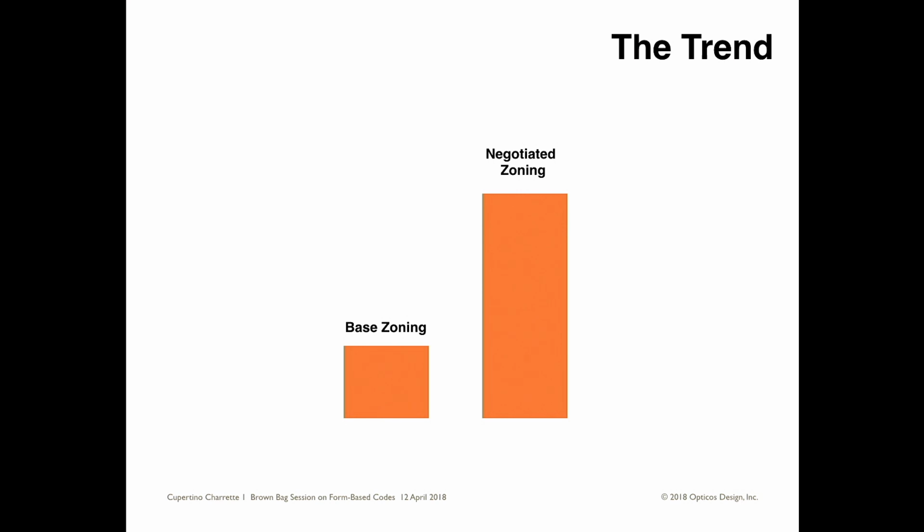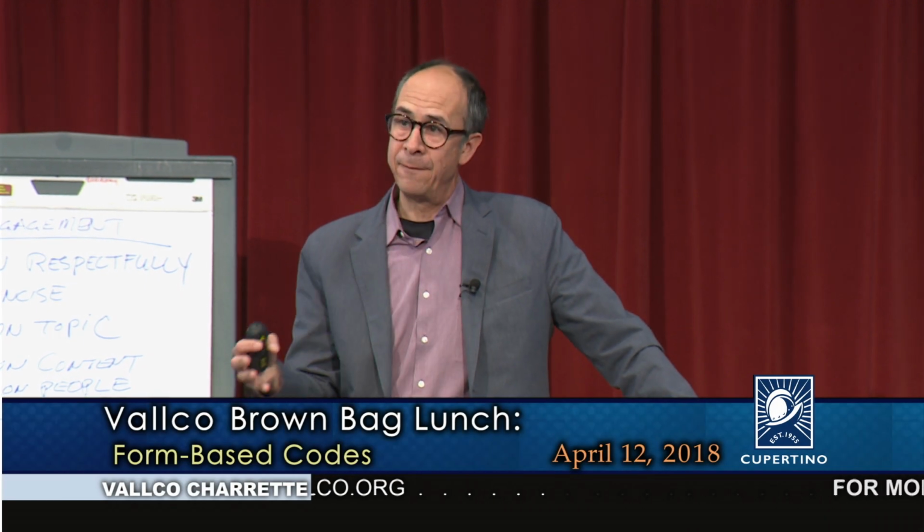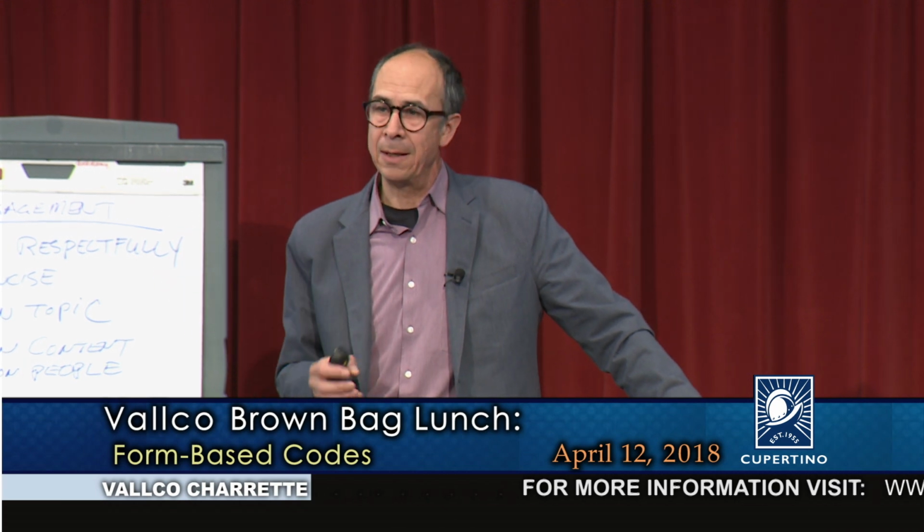This is just graphically showing you. I don't have a table with the exact numbers, but I can share an example from Denver, where the director graphed the number of negotiated or contract zoning proposals before they did a form-based code for their city and after. And it's dramatic. It's unbelievable.